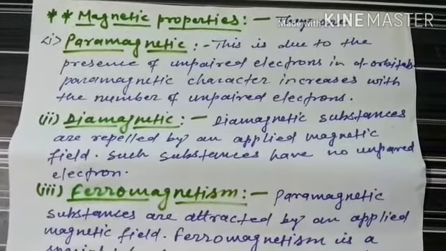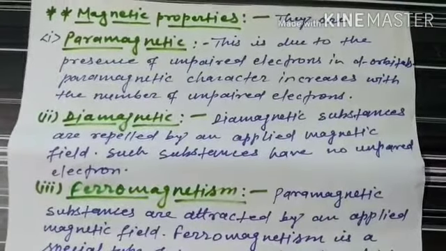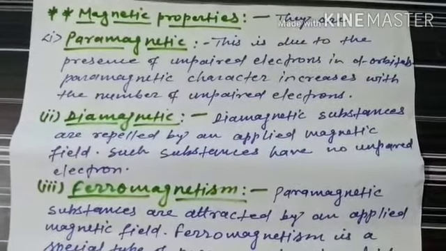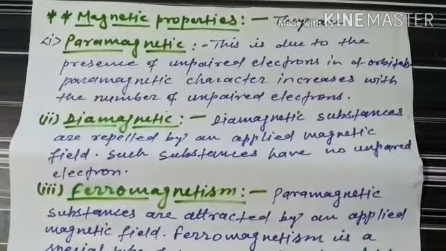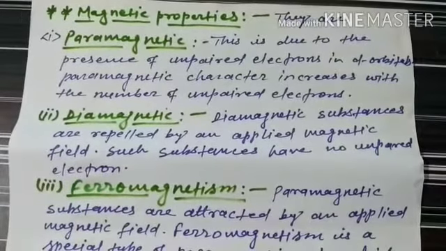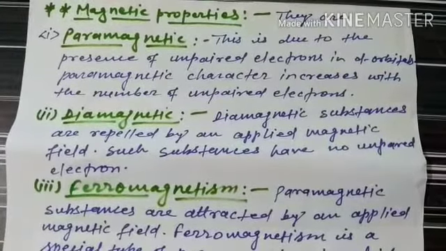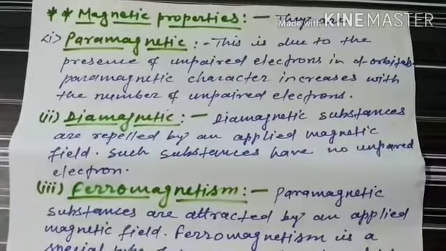In the case of paired electrons, when all the orbitals of d block elements are paired, there are no unpaired electrons in d orbitals. In such cases, d orbitals are diamagnetic.